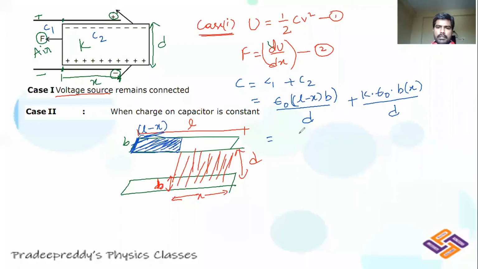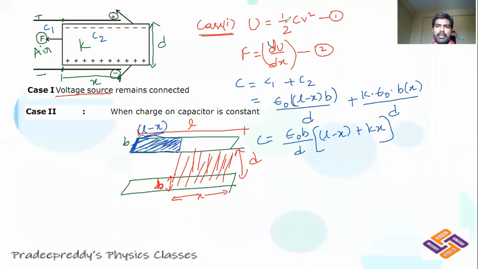Epsilon naught B divided by D, I can bring it out. This gives you L minus x plus K into x. Check it. Any doubt? Epsilon naught B by D, I have taken out. What remained is L minus x. Epsilon naught B by D, I have taken out. What remained is Kx. Fine. This is the capacity C.